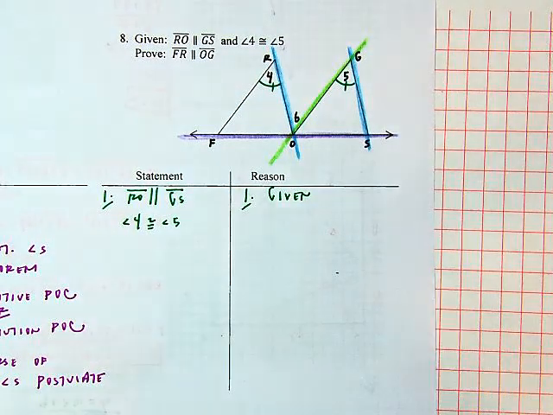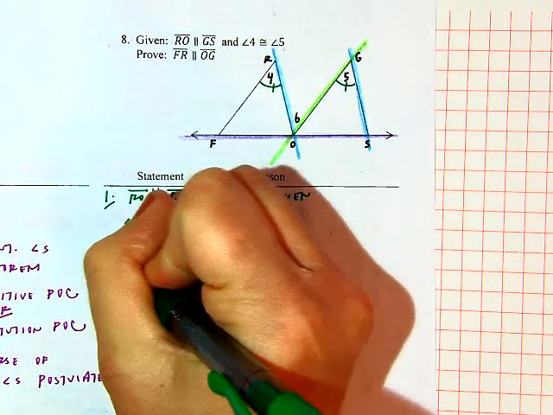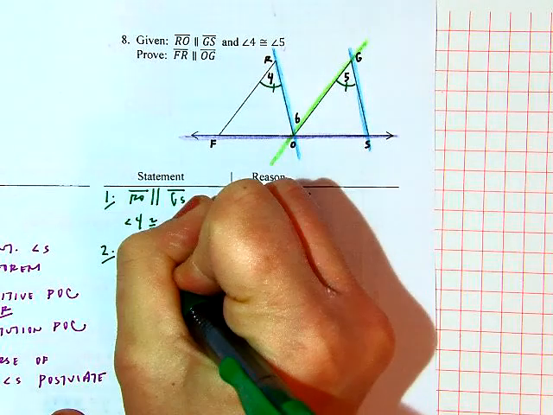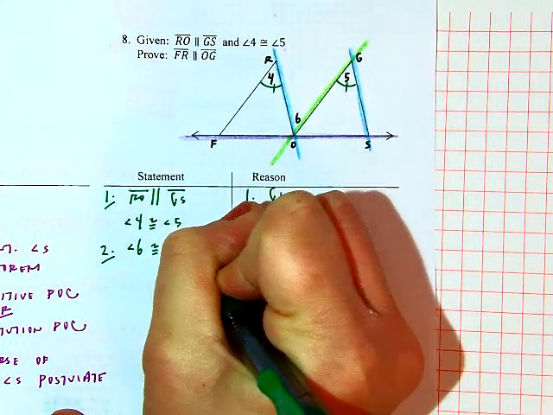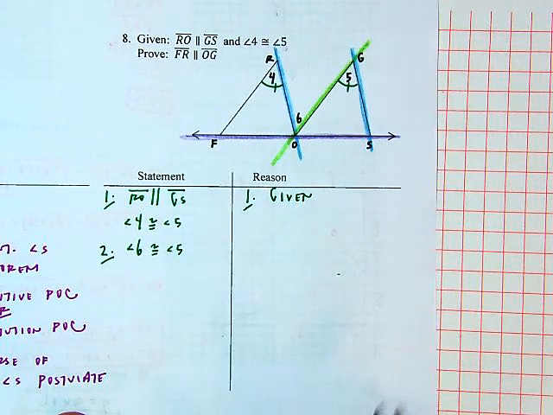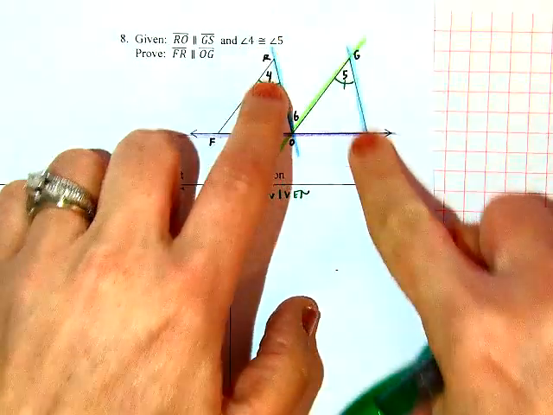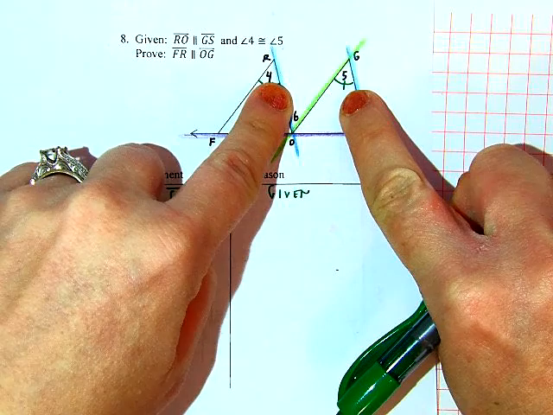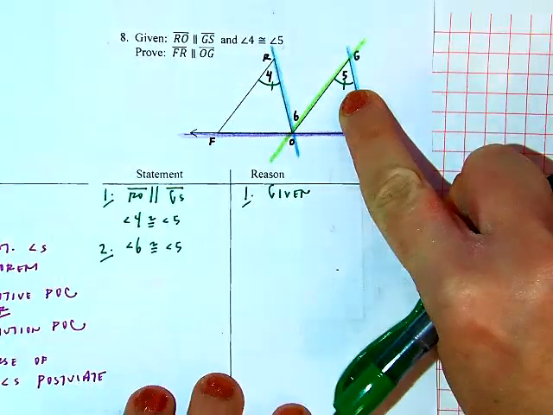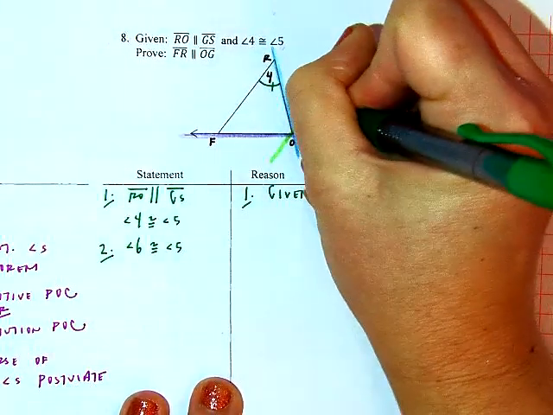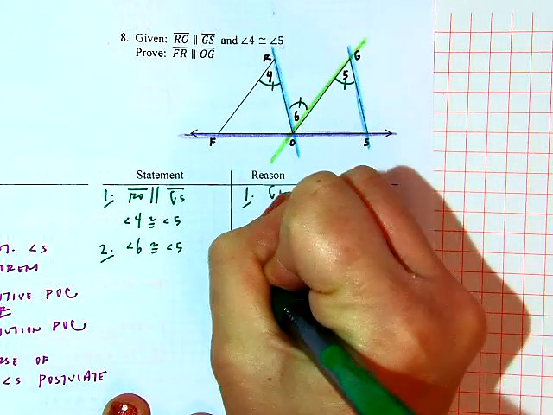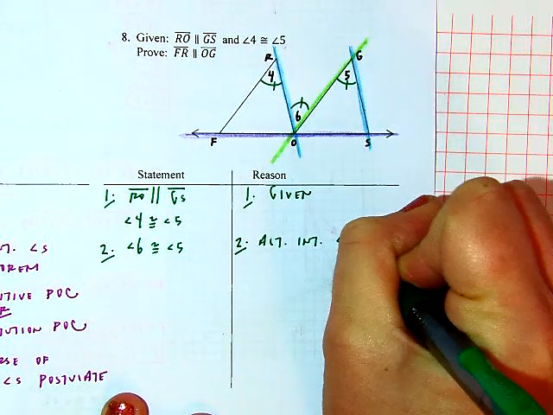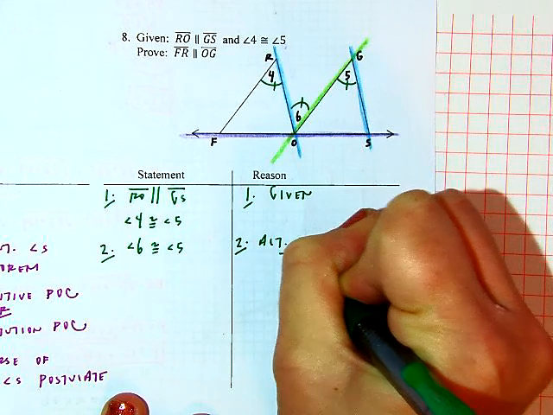So in my next stage, if I'm looking to connect another pair of angles, it's got to be 5 and 6. So 6 has to be congruent to 5. Okay, what's my reason? So again, I'm looking at the blue parallels. The green transversal, that will connect 5 and 6 because they're alternate interior angles. I'm going to give it a single tick mark right there. So alternate interior angles theorem.